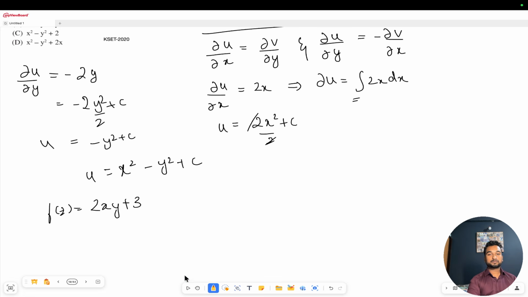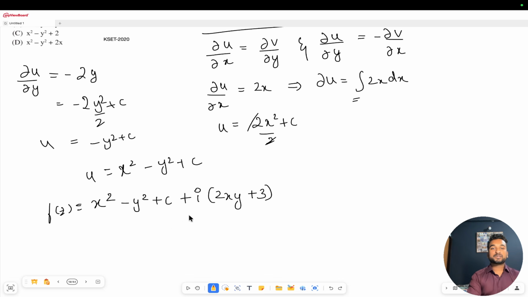So your u is x square minus y square plus c, plus i times v, which is 2xy plus 3. So this is your f of z now, but they have given f of 0 is 2 plus 3 i. So you have to put x equals 0 and y equals 0.